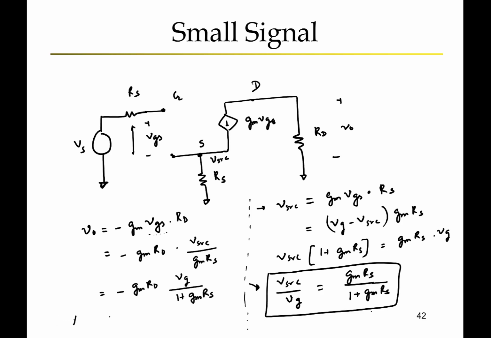Hence we can write AV0, or the intrinsic voltage gain, as V0 over VG, which is equal to minus gm RD over 1 plus gm RS.